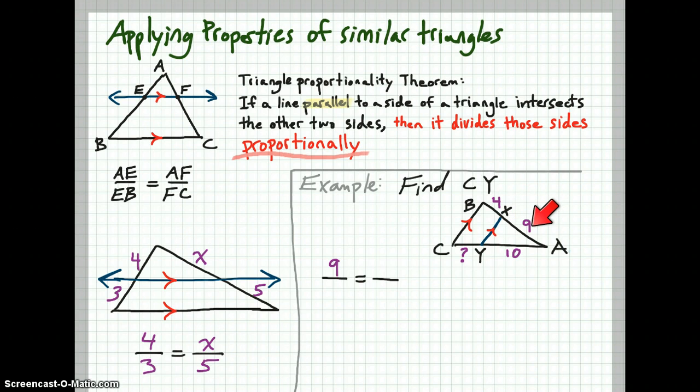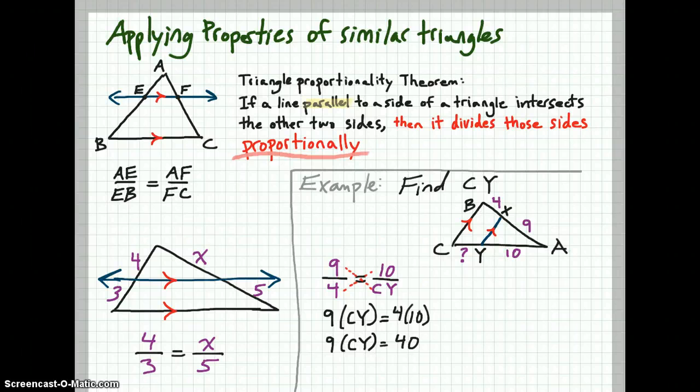So I have a 9 is to 4, and then we'll do as 10 is to CY. Nine is to 4, as 10 is to CY. And of course we're going to cross multiply once we have that. We're going to simplify. 4 times 10 is 40.